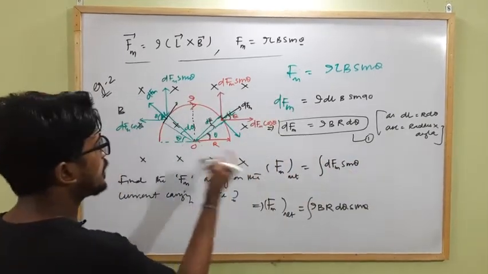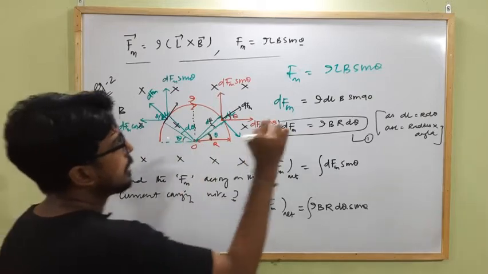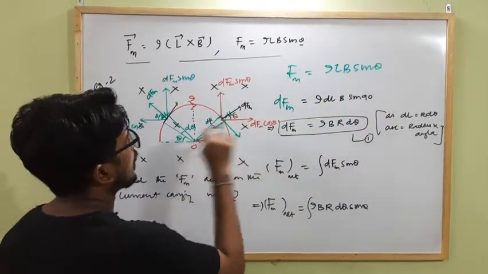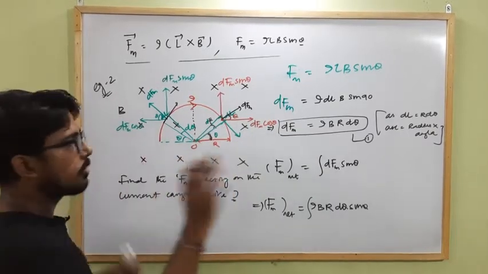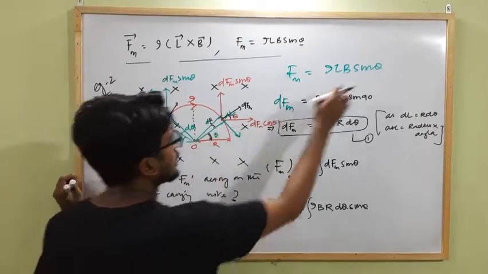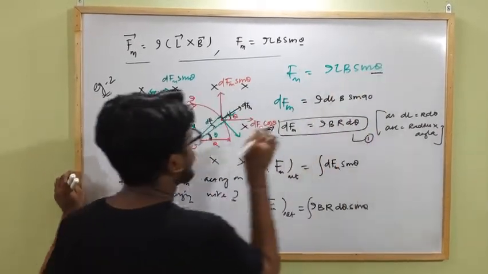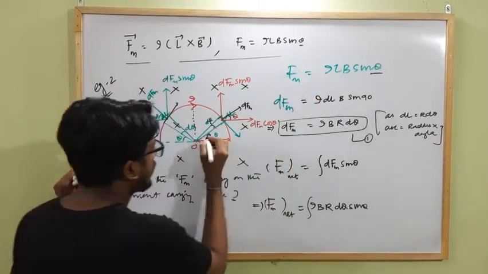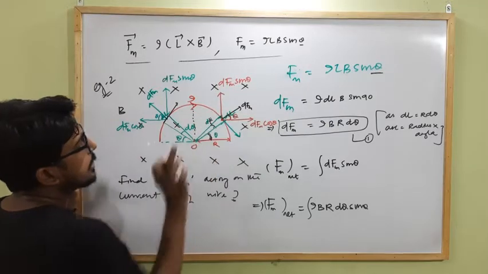Now what is the value of theta? This is the angle theta. Clear? Don't get confused between this angle theta and this angle theta. This is the angle between the direction of magnetic field and the length vector, and here the theta angle is for this segment I am considering, the segment dl.